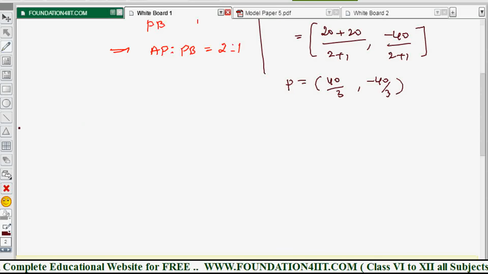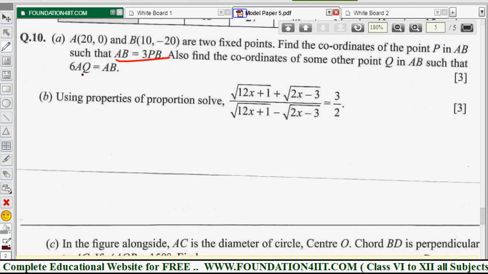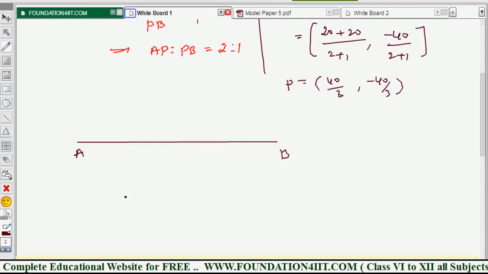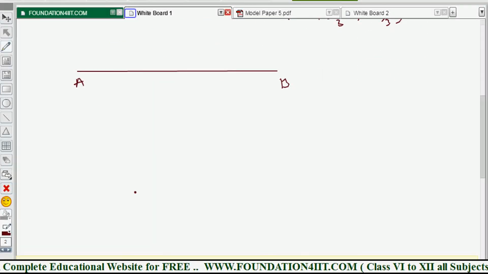For the second, you should take the line again. AB is the fixed points. It's A and B. And according to the condition, here 6AQ is AB. From this, 6AQ is equal to AB, and AQ by AB is equal to 1 by 6.